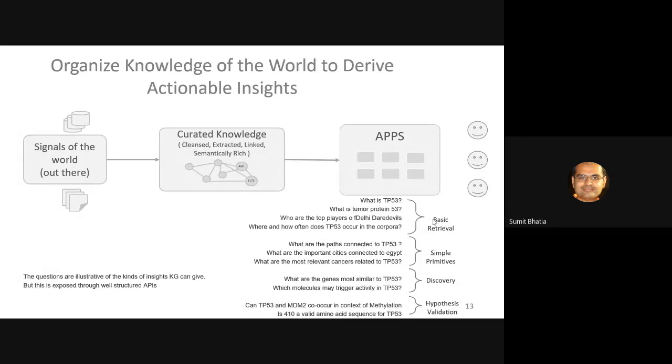And once you have that, the way we developed the product at IBM was to first build a high quality knowledge base and then a set of APIs, right? These APIs should provide some fundamental operations that can allow the end users to create useful applications built on top of the knowledge graph.